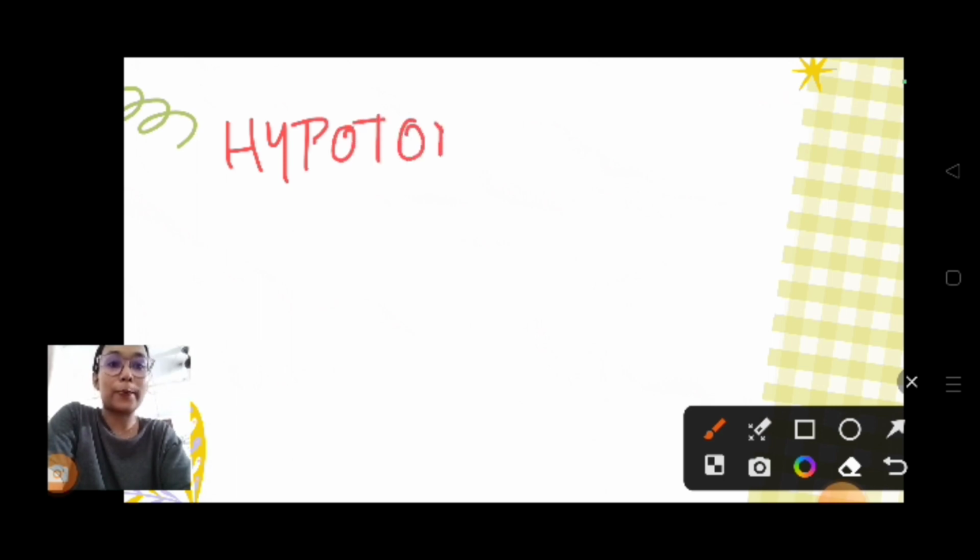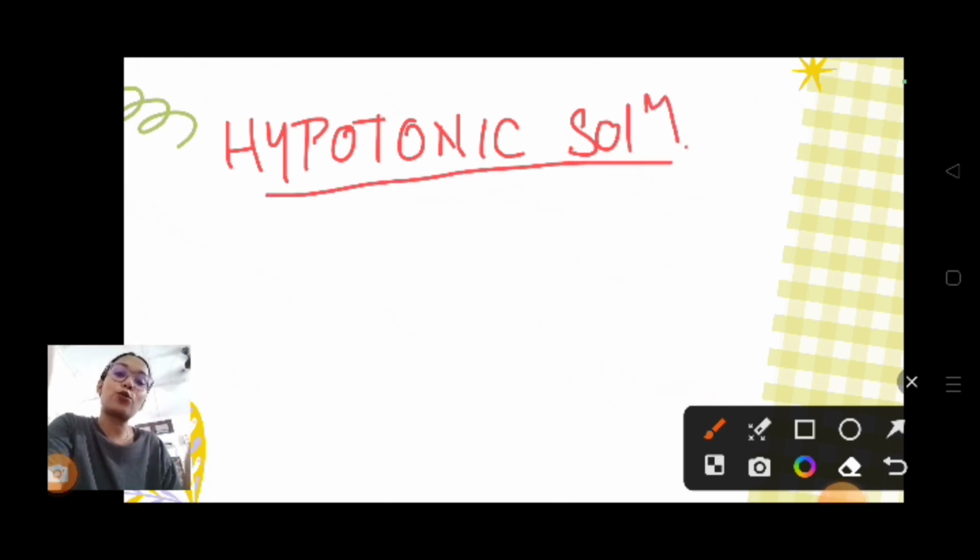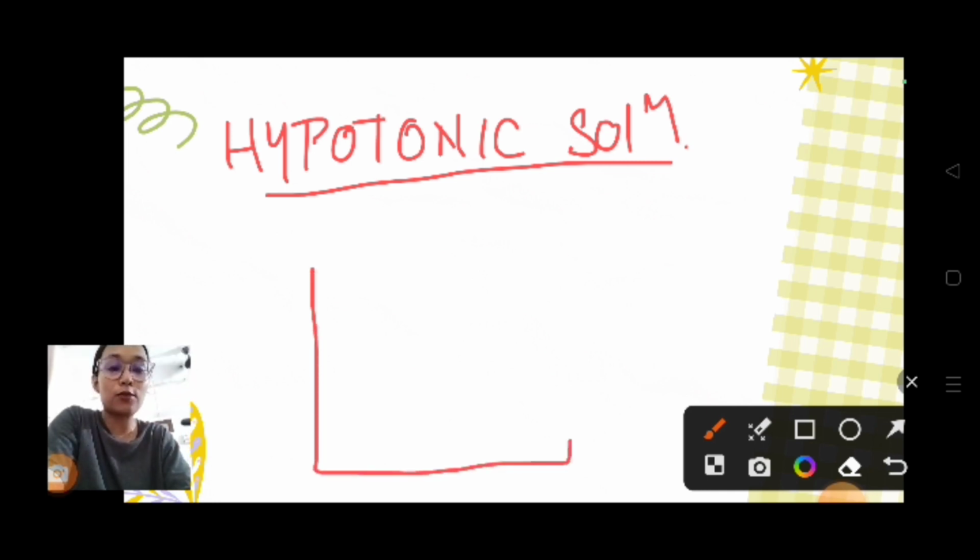First of all, we'll discuss hypotonic solutions. What happens to a cell when you put it into a hypotonic solution? Suppose this is the surrounding, and you have put a cell inside it.